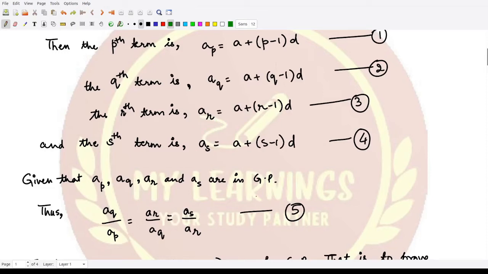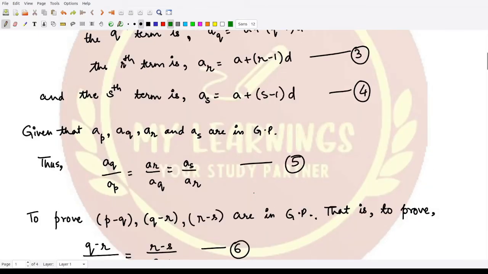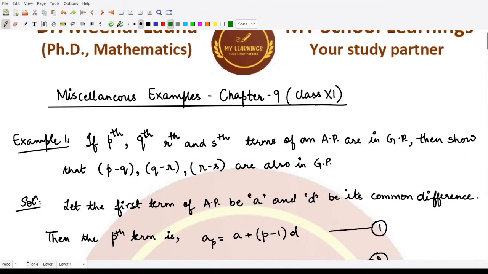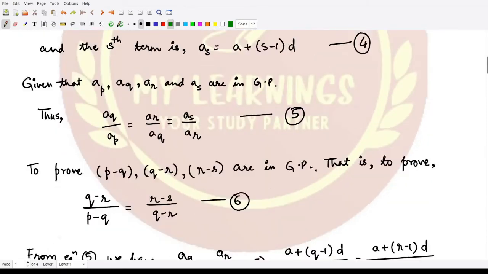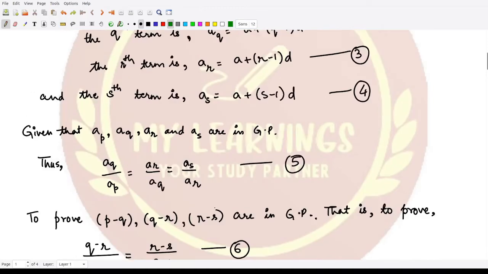Moreover, what we wanted to prove is that p minus q, q minus r and r minus s are also in GP. So we need to prove that their ratio is constant: q minus r divided by p minus q is equal to r minus s divided by q minus r. This is what we wanted to show. Let's mark this as equation 6.